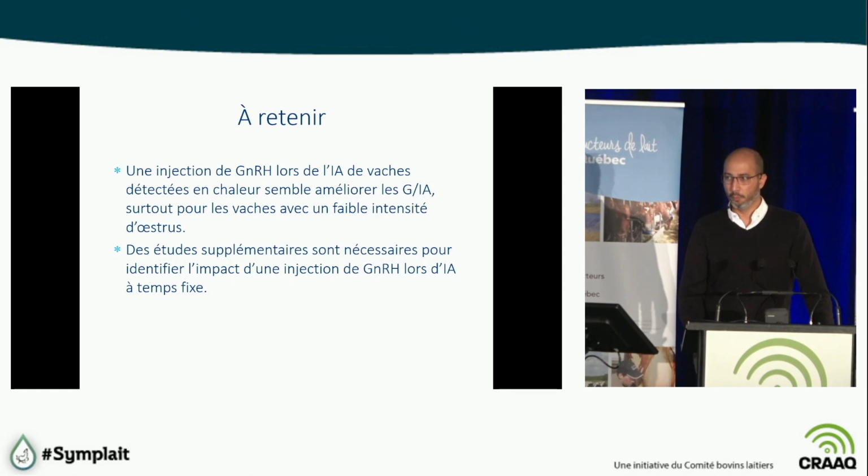But the whole purpose, at least in my program, is that we're not trying to get rid of timed AI. We're trying to minimize timed AI, simply for the sake of the point that we can keep high pregnancy rates, conception rates, at the same time that we can have fewer interventions.